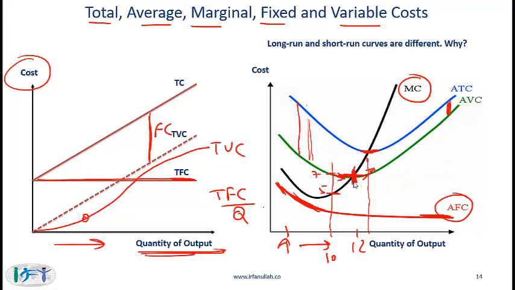If you understood that, great. If not, just remember the fact that the marginal cost curve intersects the average variable cost at the minimum. And the same explanation applies over here. The marginal cost curve intersects the average total cost curve at the minimum point.